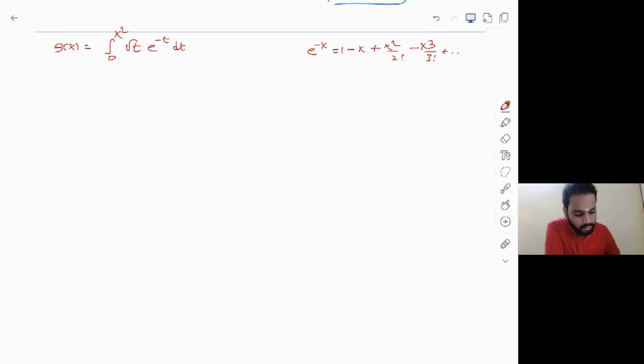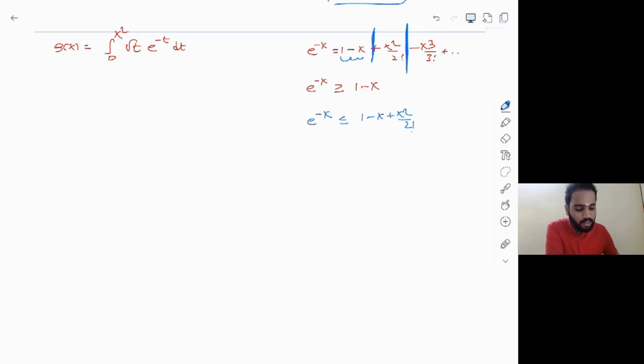First thing I can say is that e power minus x will be greater than or equal to 1 minus x, because if I cut the expansion exactly at minus x, this 1 minus x will definitely be less than or equal to e power minus x. Similarly, if I cut the expansion at this point here, then e power minus x will be less than or equal to 1 minus x plus x squared divided by 2 factorial.